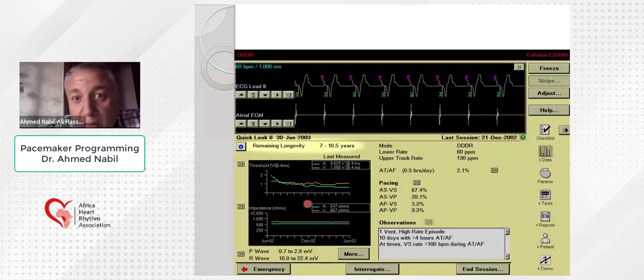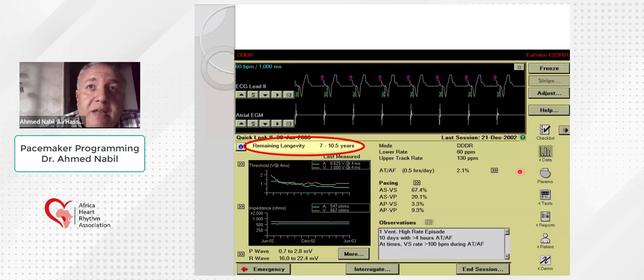This is an example of the programming screen that appears in Medtronic, and here we see the longevity shown, which is 7 to 10.5 years. Some programmers show the voltage, and we can extract the voltage value from the data in the programmer.